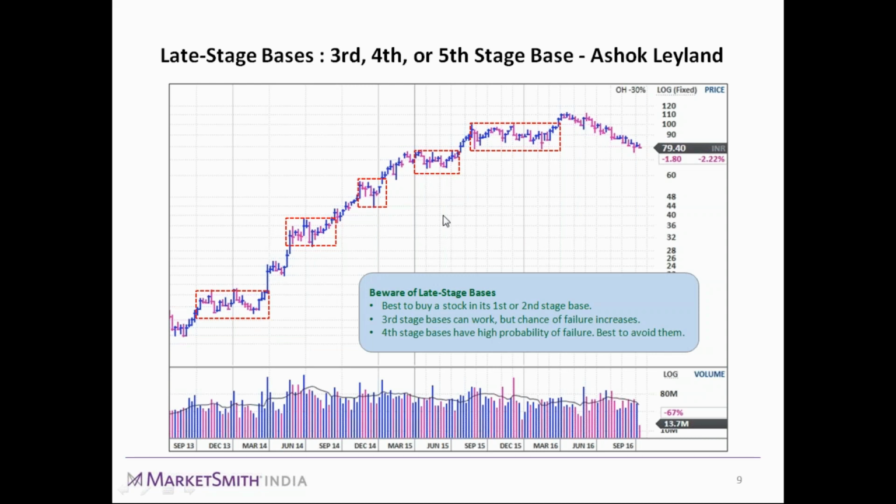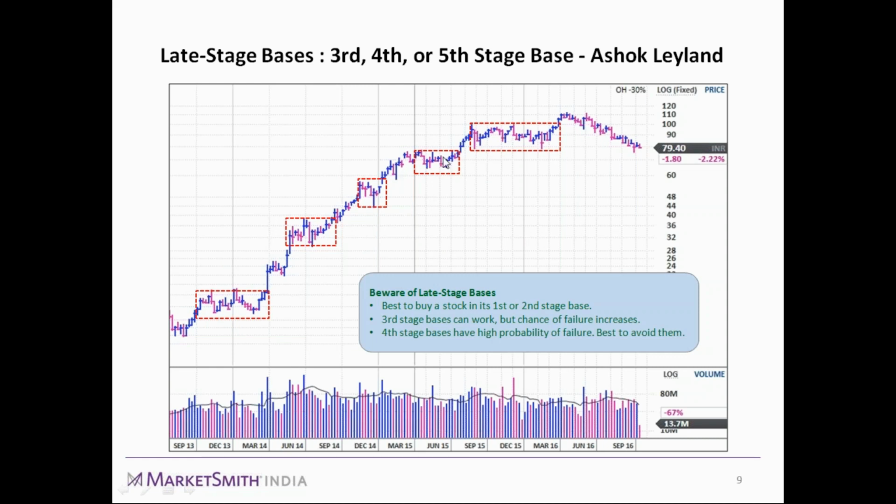As you can see, this was making many late stage bases. The best time to buy is in the first or second stage base. Here the first stage base is highlighted, and here the second stage base is highlighted. This stock continued to rally after the third stage base and after the fourth stage base.